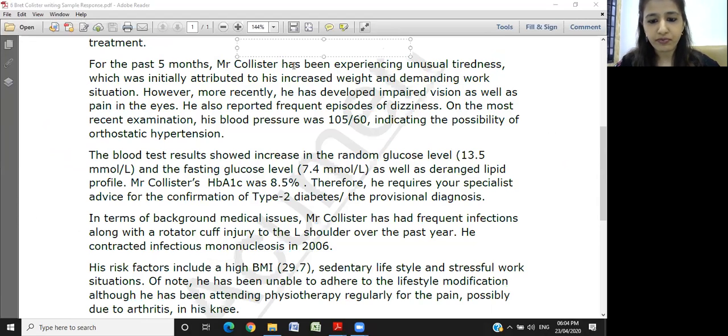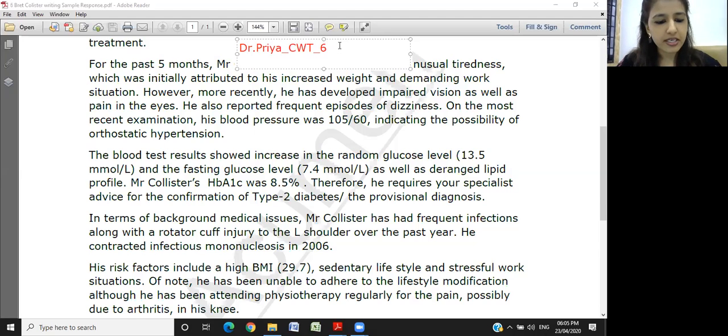So for example, if your name is Priya, then you would write the number of the task, classwork test 6. And if you are a medicine student, then please write DR, so it helps me to distinguish from the nursing candidates. And you will have to send your task through email on this email ID.